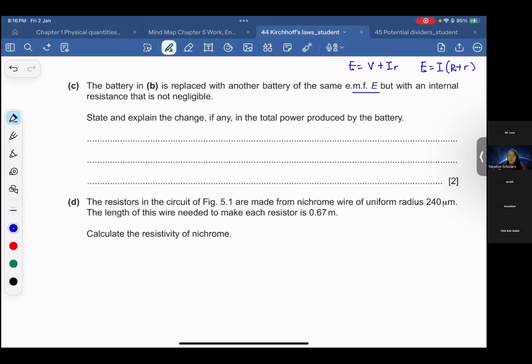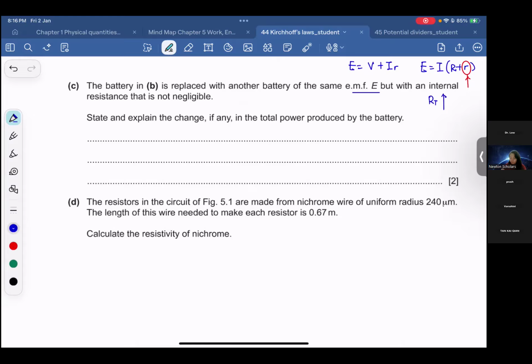So if your internal resistance increases, we cannot ignore it. That means we have this r. So what is your total resistance in the circuit? Your total resistance will increase.